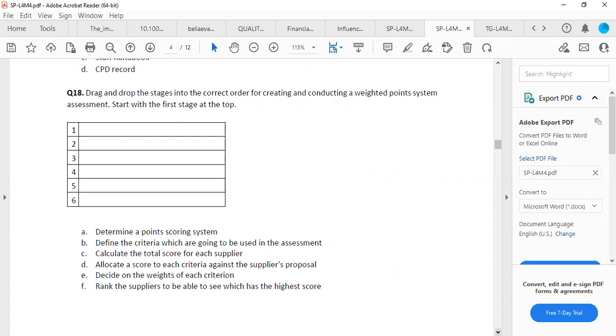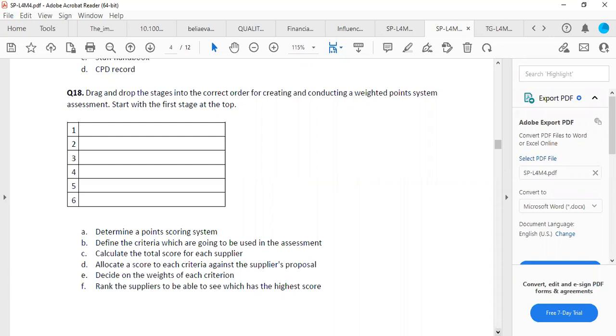All right. So if you look at the weighted point system, you define the criteria which are going to be used in the assessment. Then you determine a point scoring system.